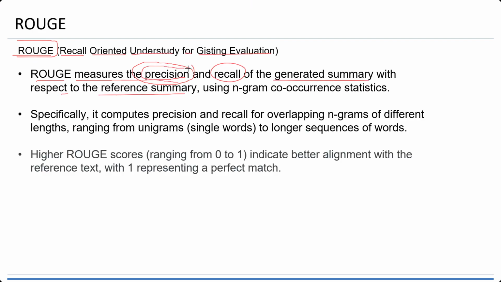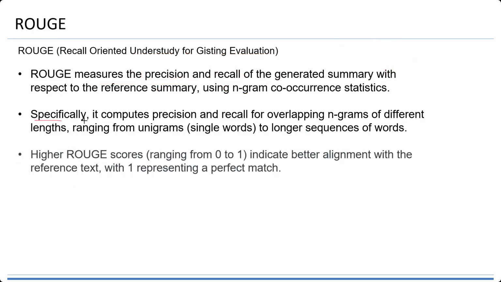So we have the precision and the recall from the reference and the summary. And in ROUGE, usually we use the n-gram. You still remember n-gram? If n equals 1, then it is unigram. If n equals 2, it means bigram. And this n-gram, sometimes we call it the co-occurrence statistics.